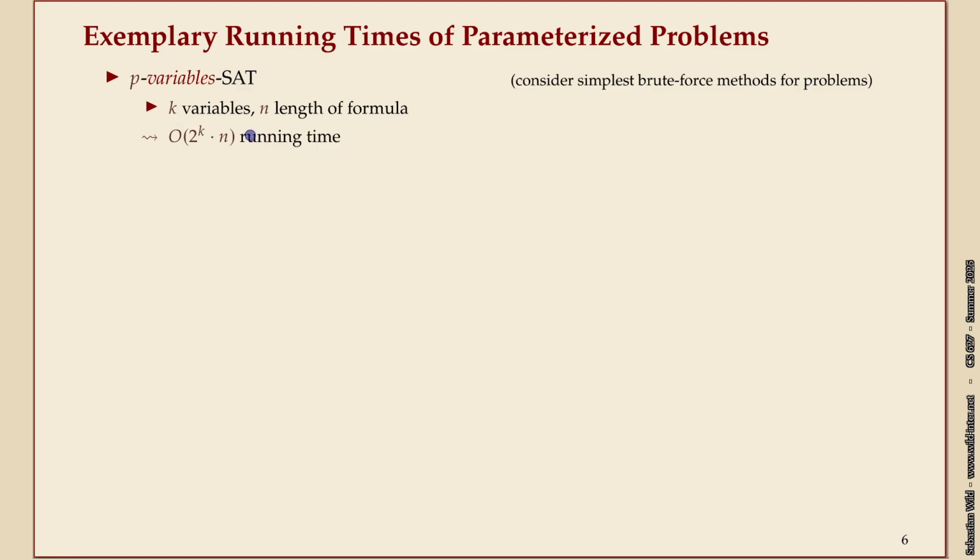And then for each of those 2 to the k assignments, I have to evaluate the formula, which is conceptually, I have to replace every variable with its value in the assignment, and then I have to simplify the resulting term. You can be more or less smart about this simplification, but you can do it in linear time if you have the formula parsed, and then you can evaluate it bottom-up. That's not too hard. So that's one type of running time we can get.